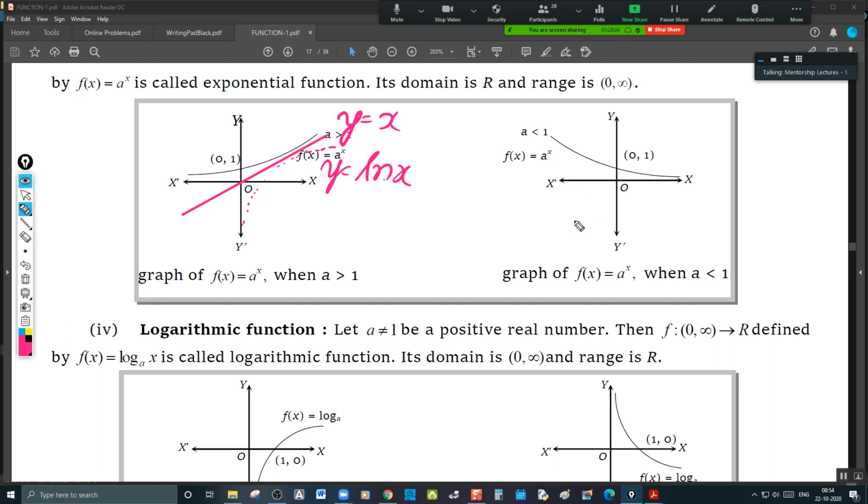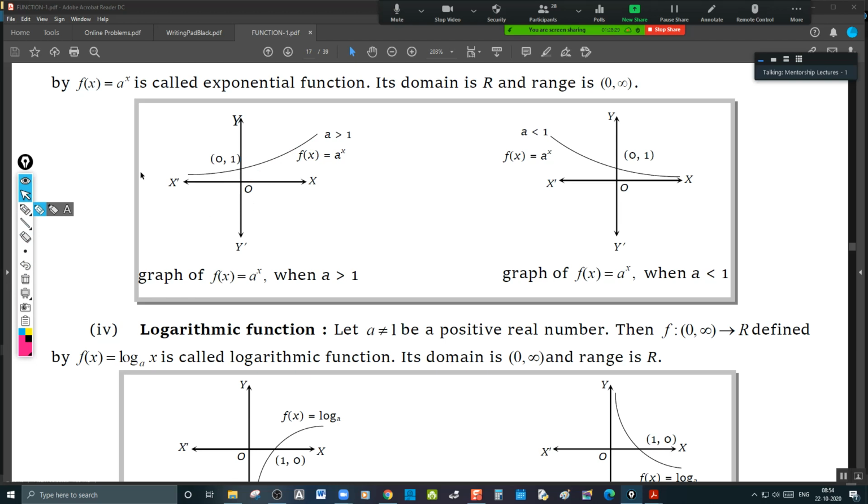So whenever you want to draw the graphs of a function and its inverse, they will be mirror images in the line y is equal to x. That's what it is.